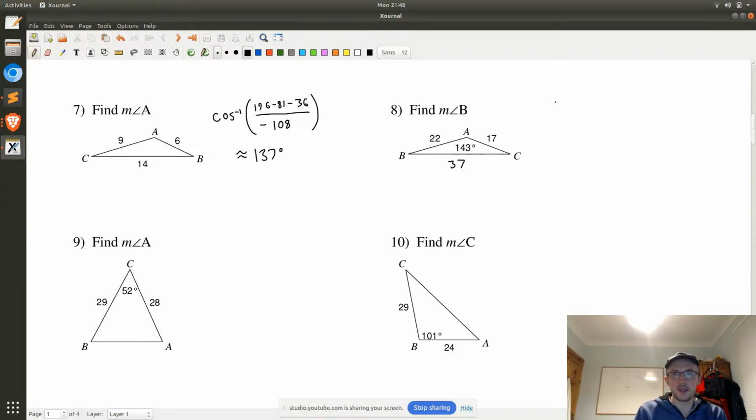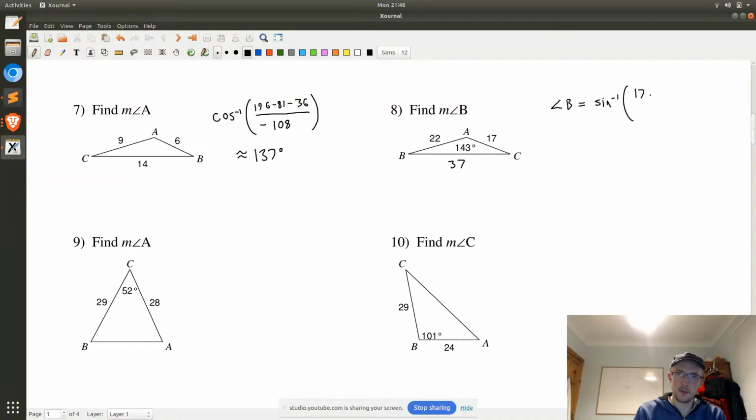Okay, so the sine of angle B over the length of AC, so that's arc sine of, so bring that up and arc sine it.